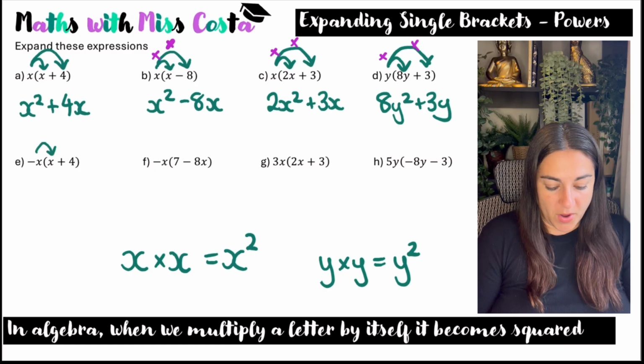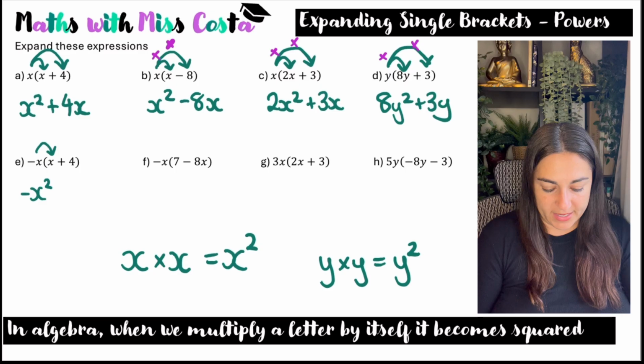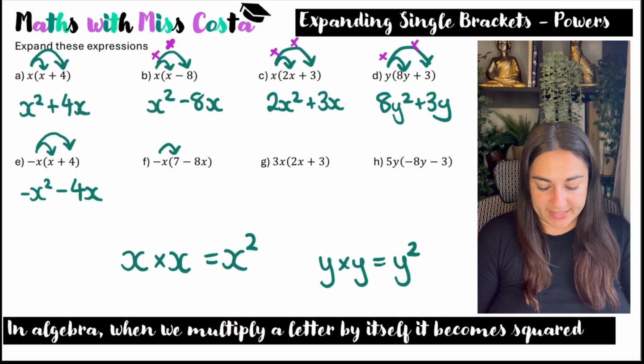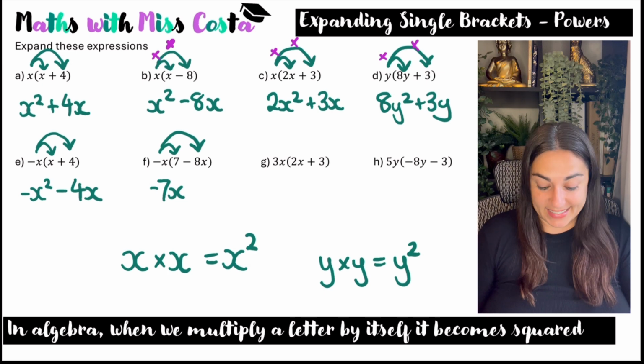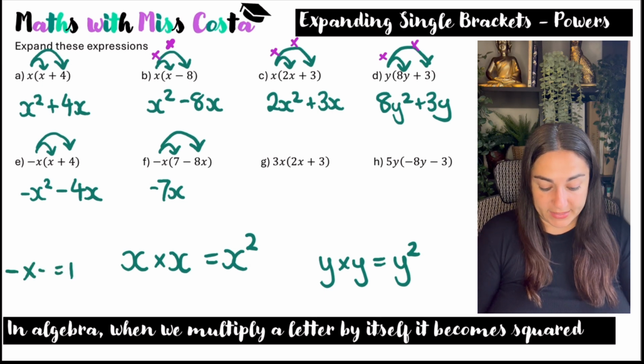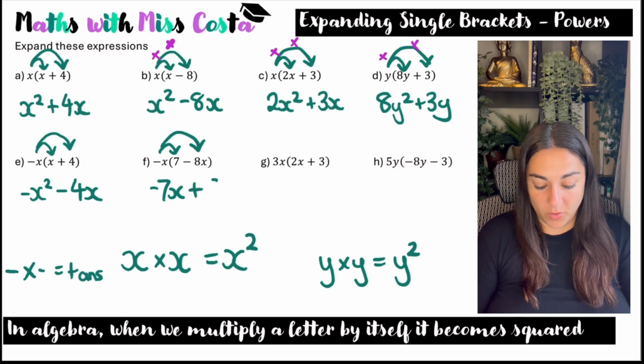So we've got minus x times by x, so that's going to become minus x squared, and minus x times by 4 is going to become minus 4x. Minus x times by 7 would be minus 7x, and minus x times minus 8x, a negative times by a negative, is always going to give you a positive answer, so that's going to become positive 8x squared.